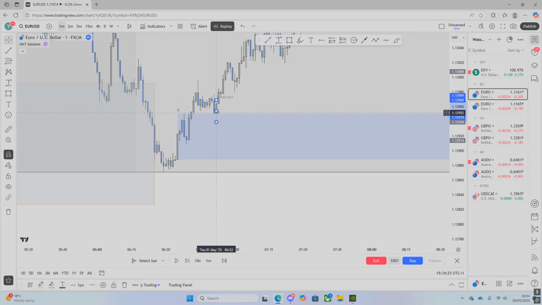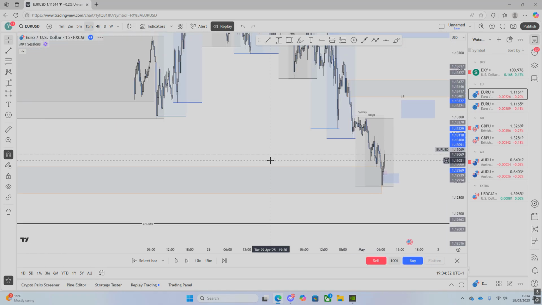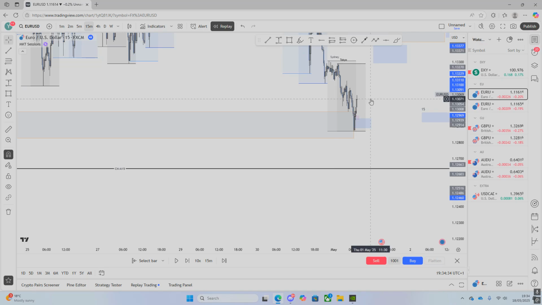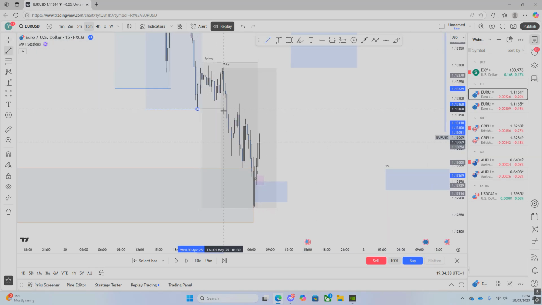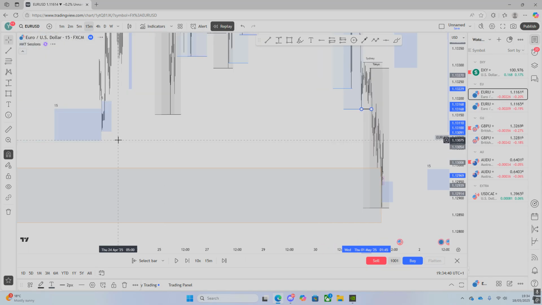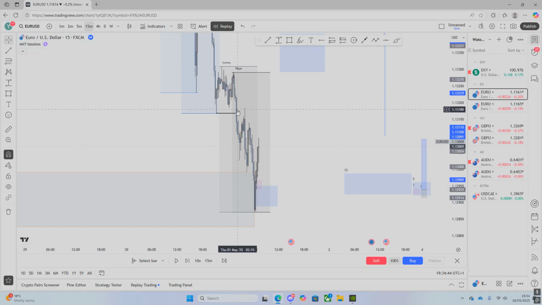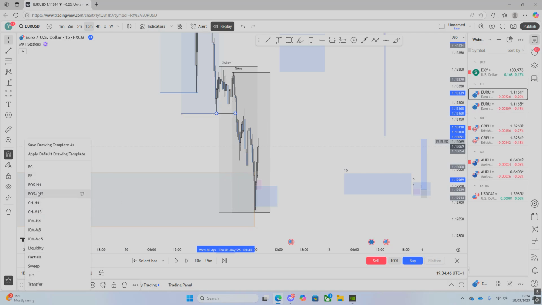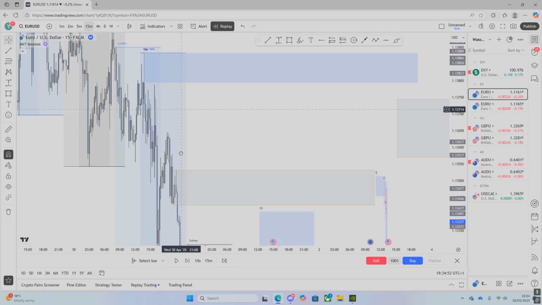It did not mitigate this 1 minute, but it's still in a buy setup, unless it was in a sell setup from ages ago. So price did a low body close here. Is there another 15? No, we're good. So price did a low body close here with the session. Tokyo and Sydney done a low body close on New York.